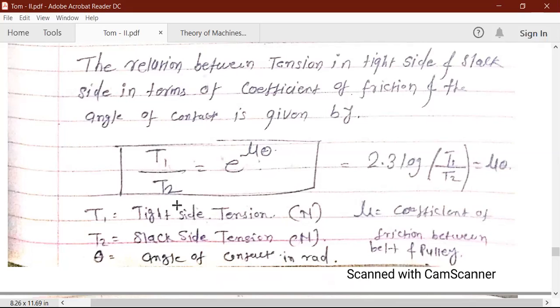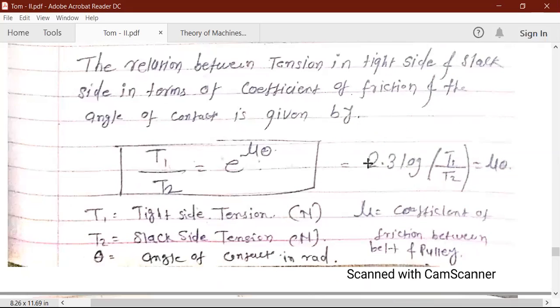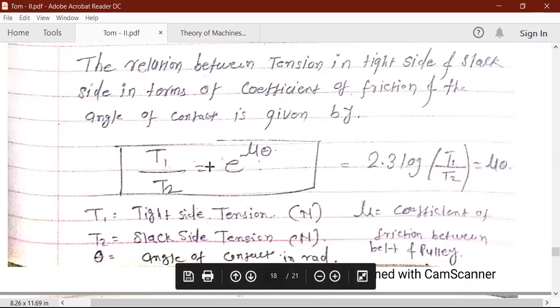So you can write it as 2.3 log T1 upon T2 equals mu theta, or T1 upon T2 is equal to e raised to mu theta. But mostly we use this equation for solving numericals.